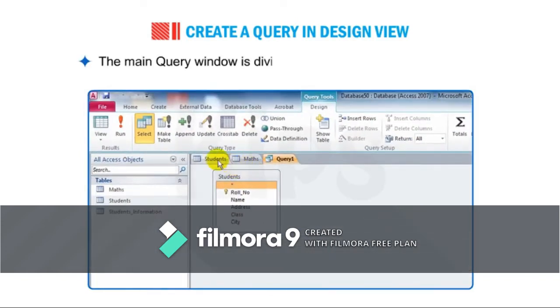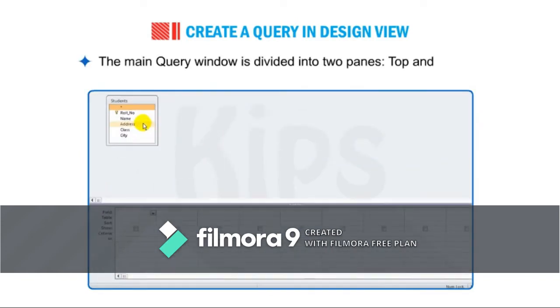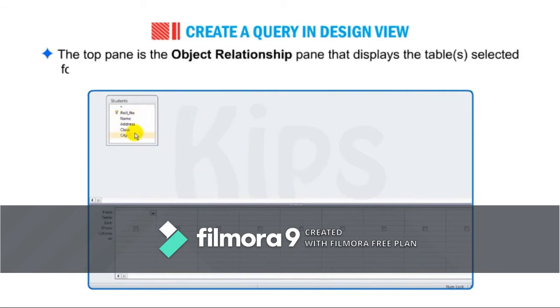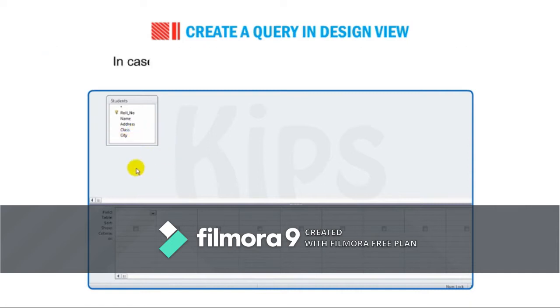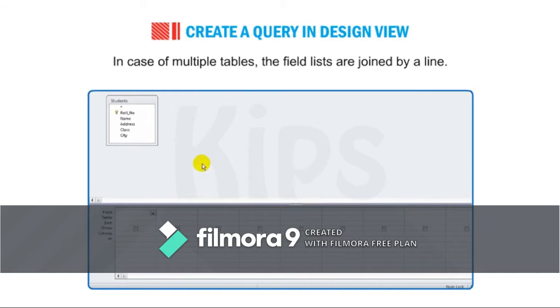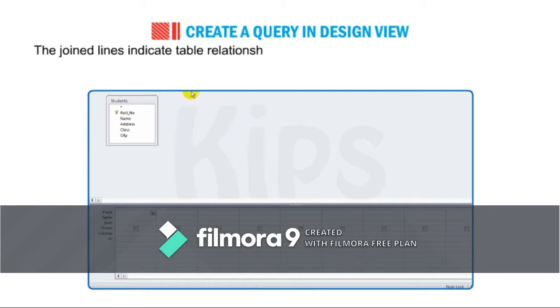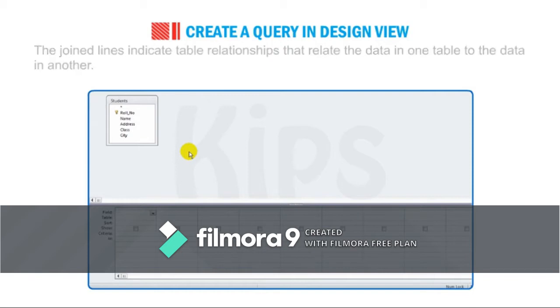The main query window is divided into two panes, top and bottom. The top pane is the object relationship pane that displays the table selected for the query. In case of multiple tables, the field lists are joined by a line. These join lines link key fields that share the same field name. The join lines indicate table relationships that relate the data in one table to the data in another.